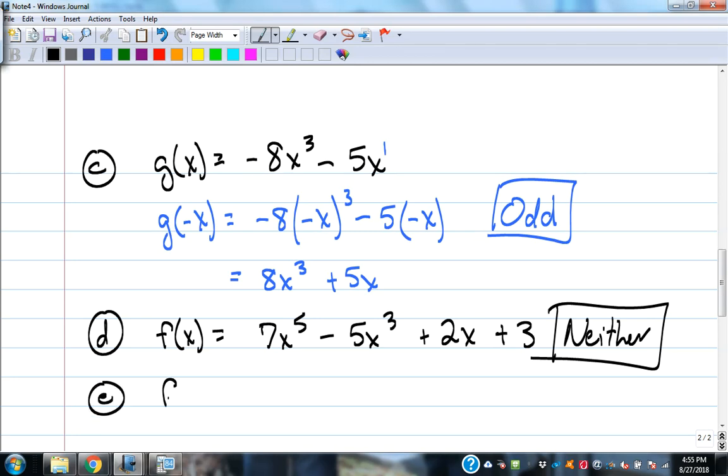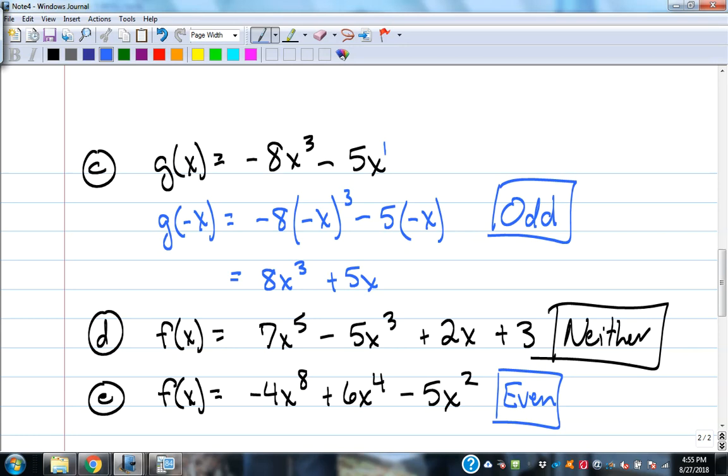If you had something like this, f of x equals negative 4x to the 8th plus 6x to the 4th minus 5x squared. What do we know about that one? Even. 8, 4, 2. They're all even. So it's even.